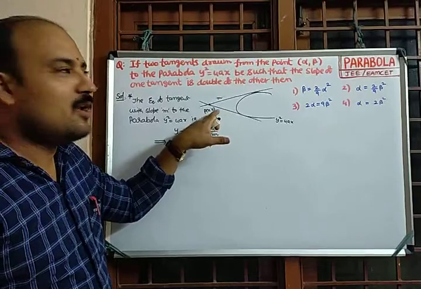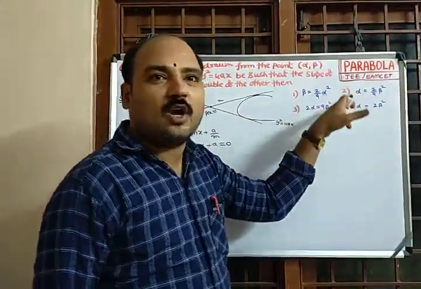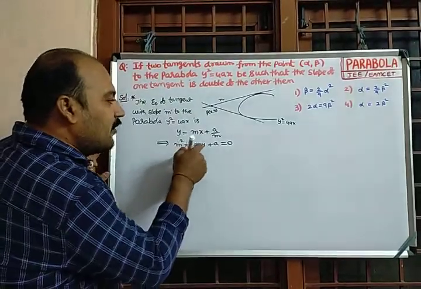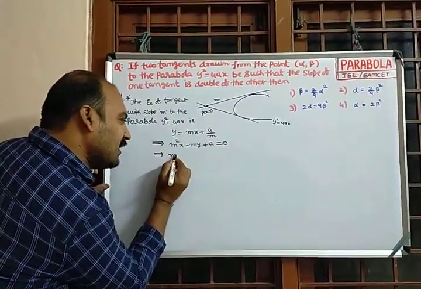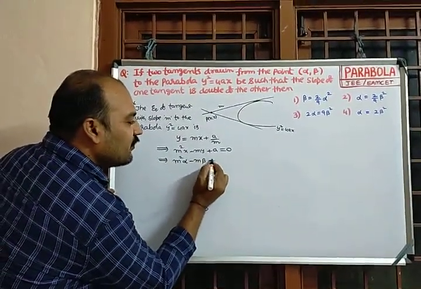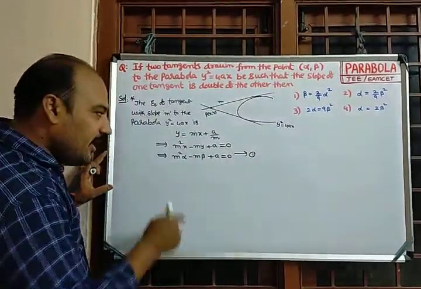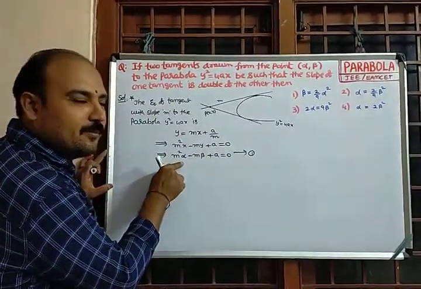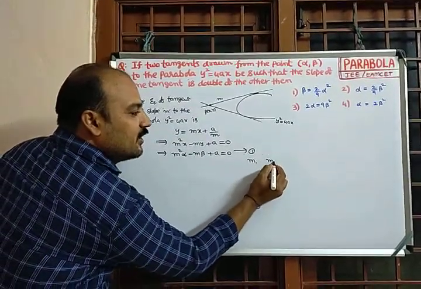At x comma y. But according to the question, the two tangents are drawn from the point alpha comma beta, so wherever x comma y is there, you have to replace with alpha comma beta. That implies m square alpha minus m beta plus a equal to 0. This is equation number 1. It is a quadratic equation in terms of m whose roots are m1 comma m2 respectively.